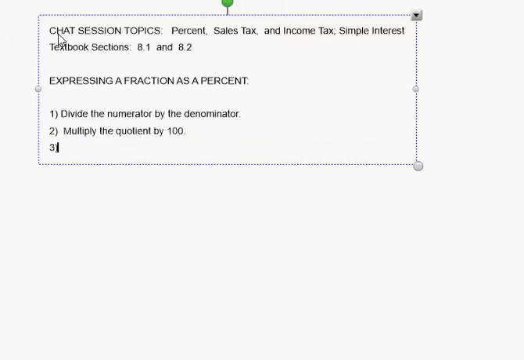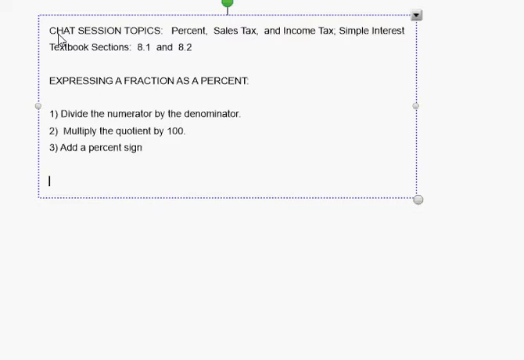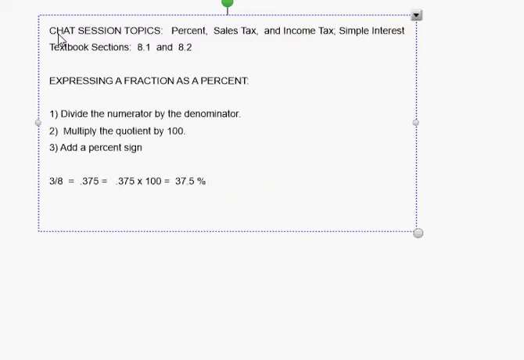And then we add a percent sign. So for instance, 3/8 equals 0.375, and multiplying 0.375 times 100, we get 37.5, and then we put on a percent sign.